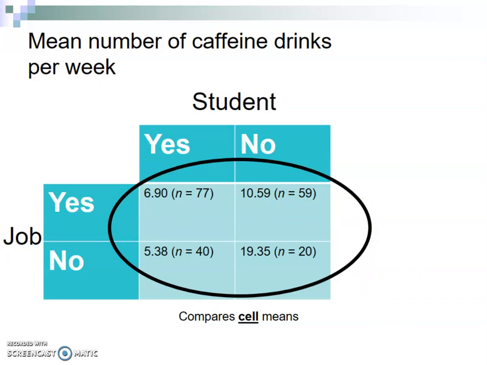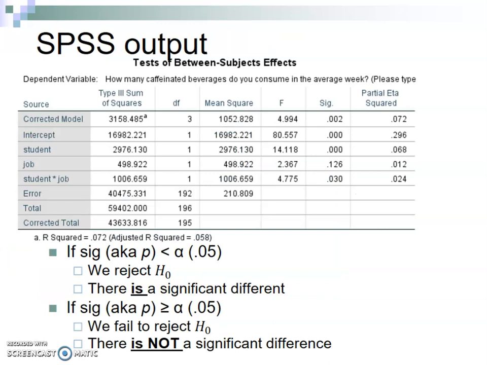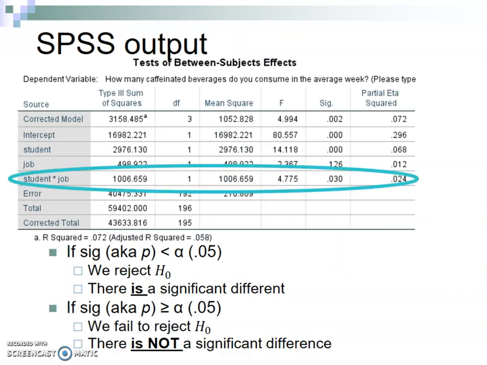Let's talk about how to interpret the SPSS output first before we compare any of these cell means to each other. So in looking at our SPSS output, the interaction effect is going to be represented here. In this case, my two factors were being a student and having a job.